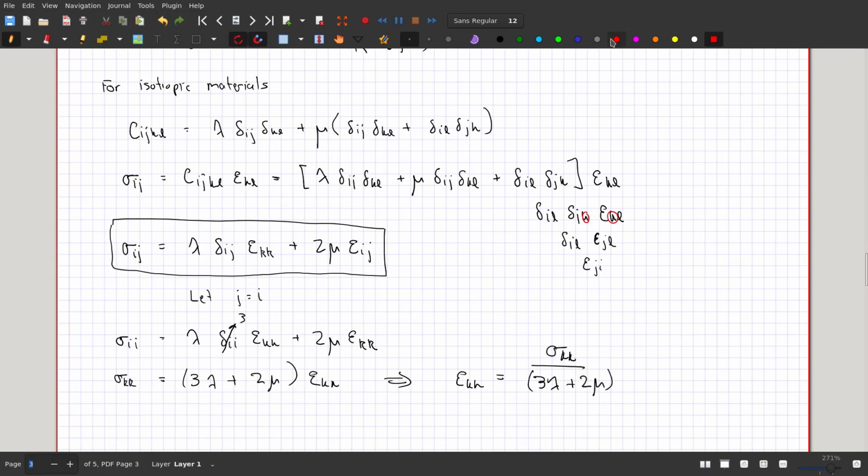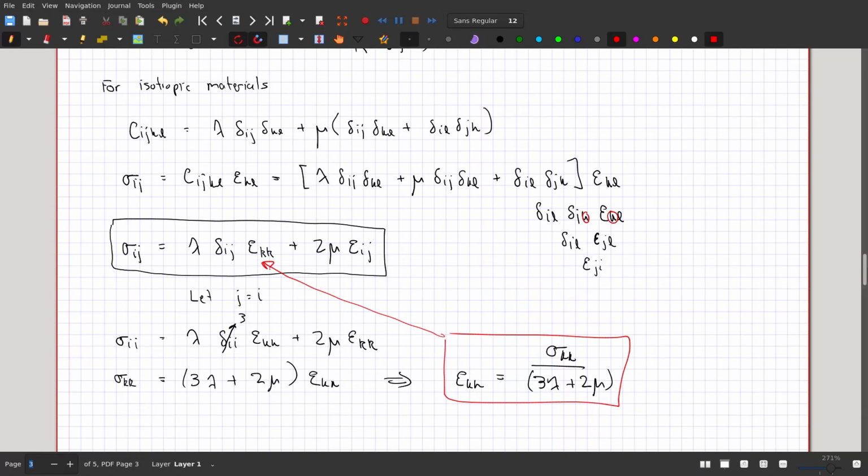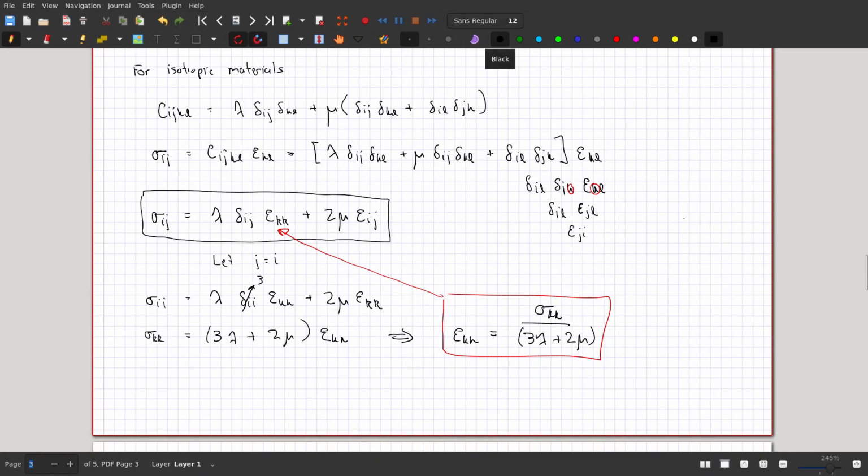And if I take this and substitute it in there, then that allows me to invert this equation in terms of strain. So if I wanted to write the strain in terms of stress, here it's more convenient, again because of compactness, to change the parameters to use Poisson ratio and Young's modulus.